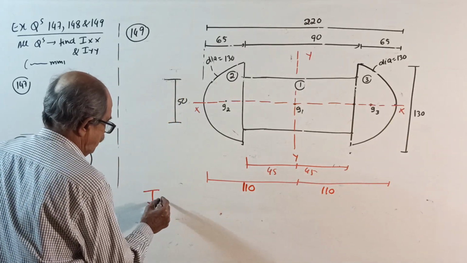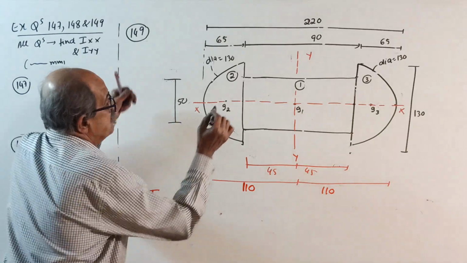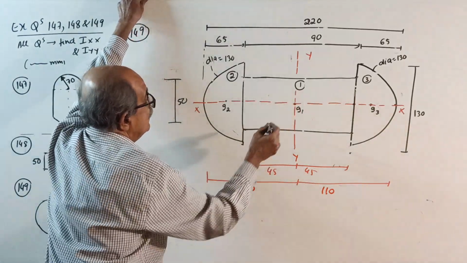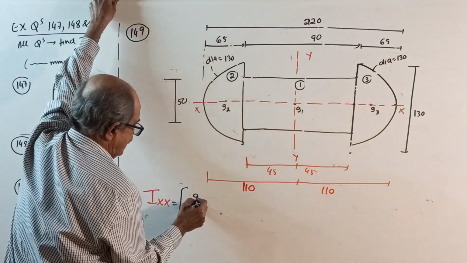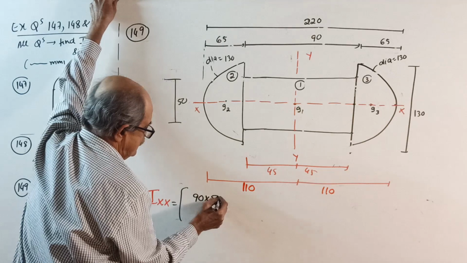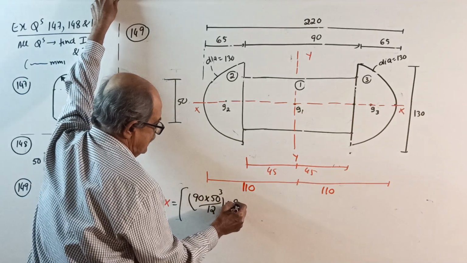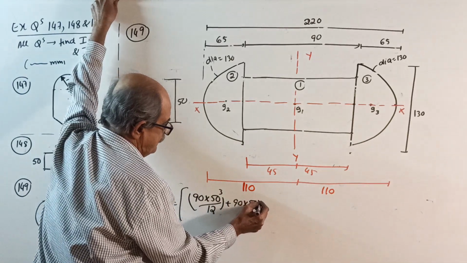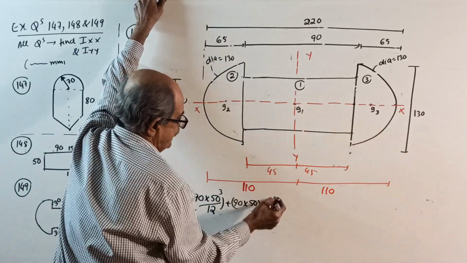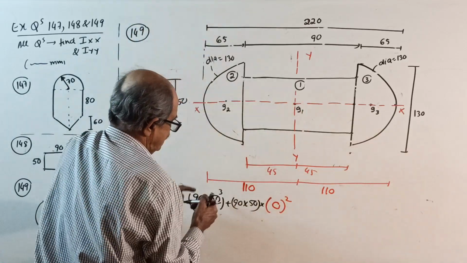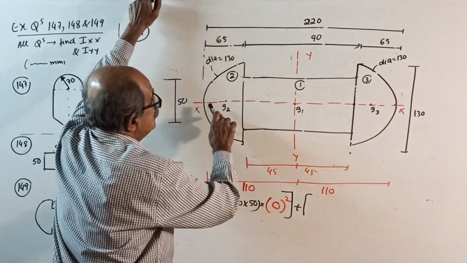Now see, directly start with IXX. See what I am doing. First for the rectangle, I will do for 1: 90 into 50 cube by 12, that is IG, plus area, 90 into 50, into centroid lies in XX so 0 square. This is for your rectangle. Plus there are two semicircles here.